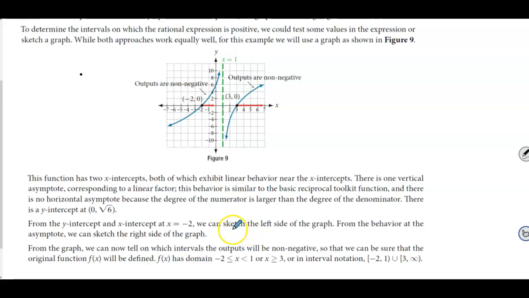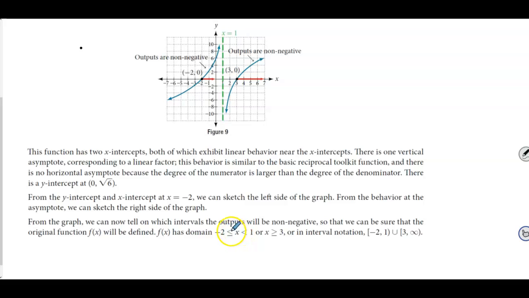From the graph, we can tell on which intervals the outputs will be non-negative, so that we can be sure that the original function will be defined. f of x is going to have the domain where x is between negative 2 and 1, or x is greater than or equal to 3, or in interval notation, bracket negative 2, 1 parenthesis, union, bracket 3, infinity.